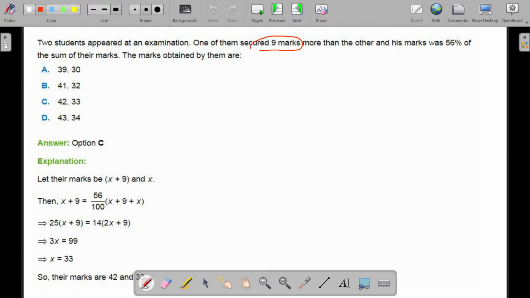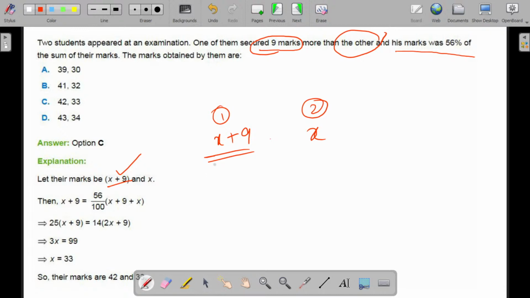One of them scored 9 marks more than the other. So we need to consider: let the other be x, and the one who scored more is x plus 9. His marks were 56 percentage of the sum of the marks.